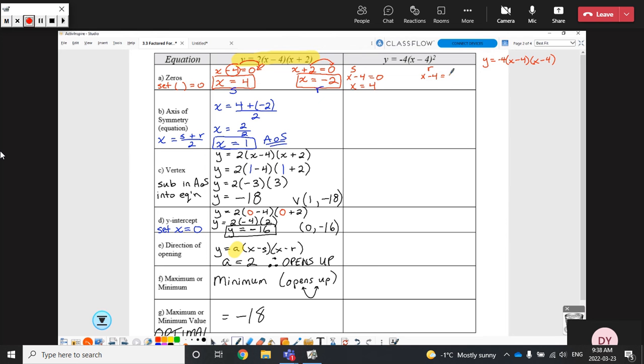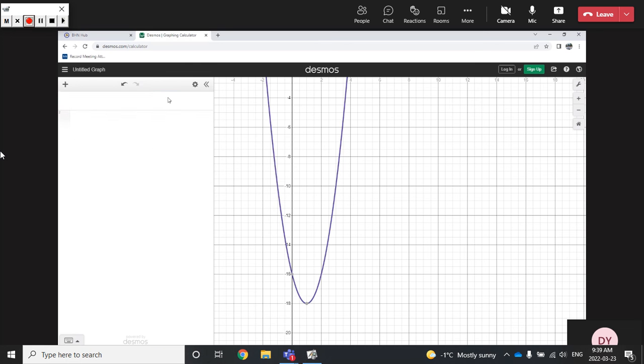X minus 4 equals 0, x equals positive 4. It's the same thing twice. So how many zeros or x-intercepts do we have here? Just one. And remember the other day I told you, this is a special case when we have one x-intercept.